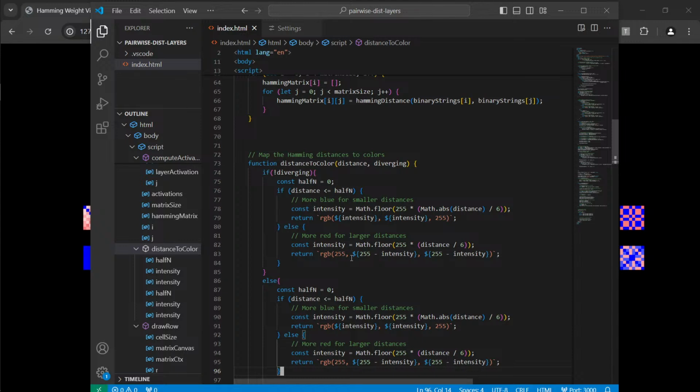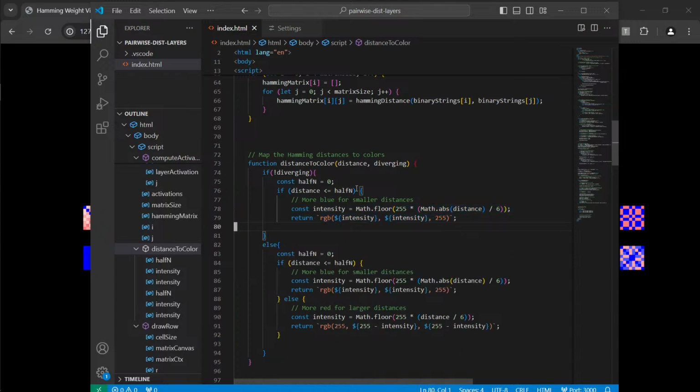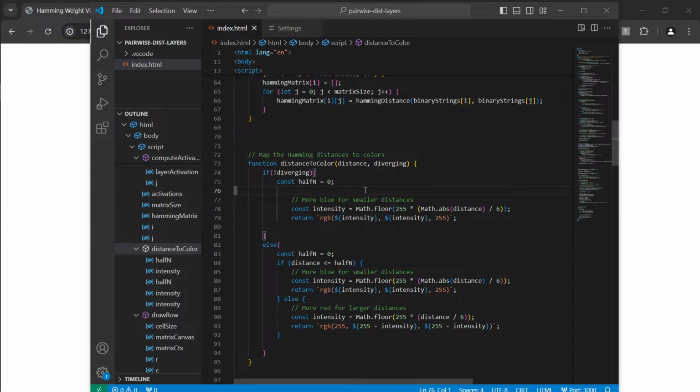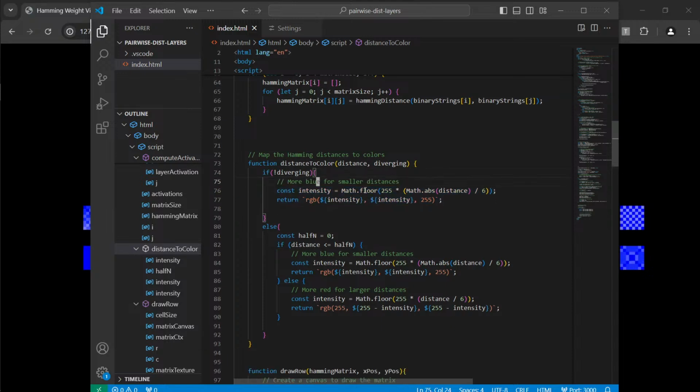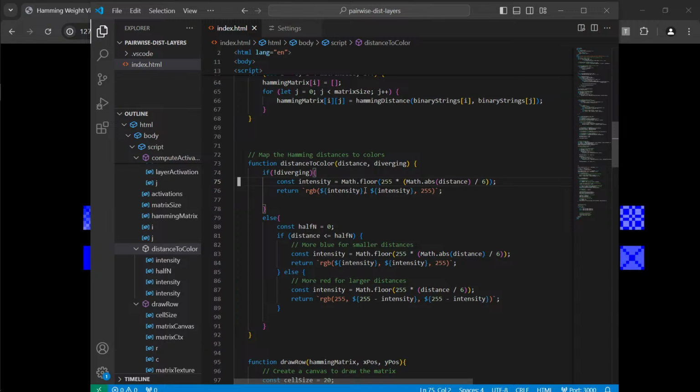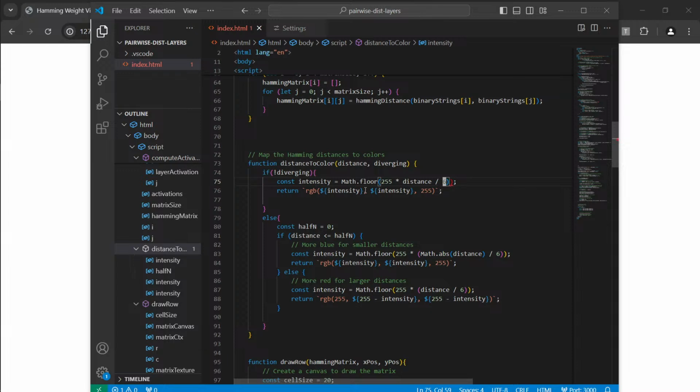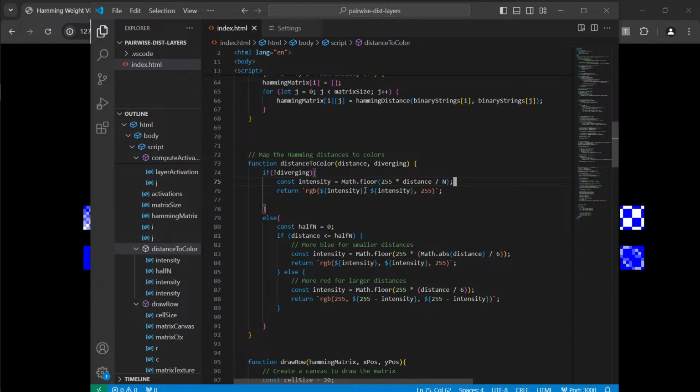So it's just all going to be shades of red. And I don't even know what that does. So it's the distance just divided by 6. I mean, just divided by n. Right? That makes sense.